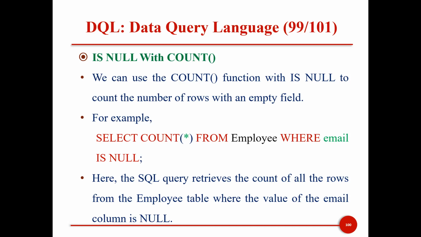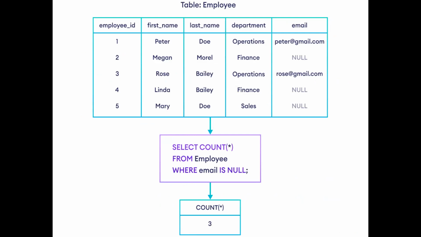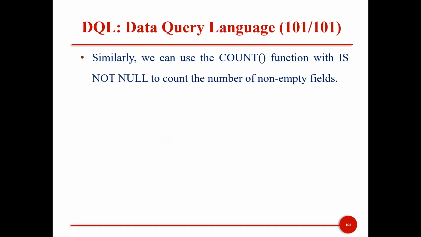There were 3, that's why it brought for us Megan, Linda, and Mary. They don't have email addresses. Similarly, we can also use count functions with IS NOT NULL to count the number of non-empty fields.